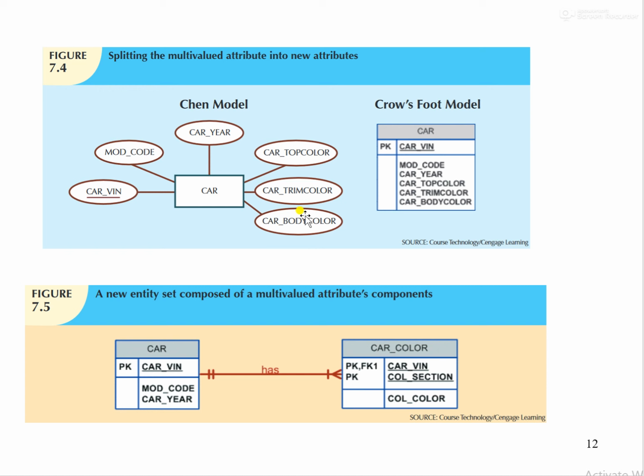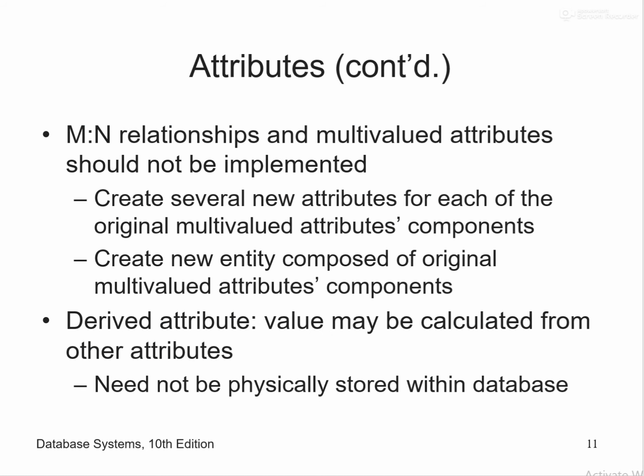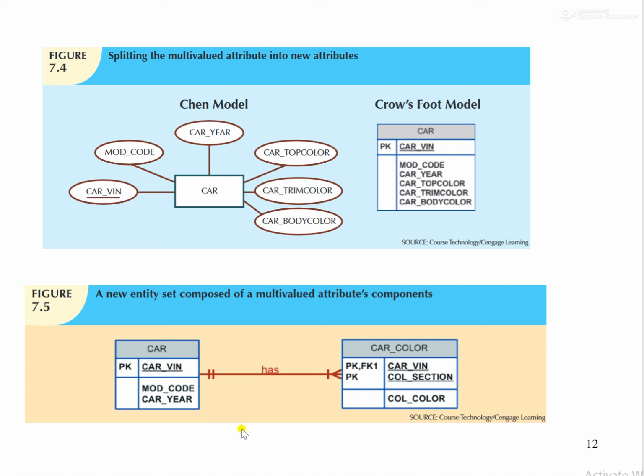So we have another solution for this problem. The second solution is to create a new entity. Instead of considering the multi-valued attribute as an attribute, you change that attribute into an entity. Here we have car as a separate entity, and car color, which was a multi-valued attribute, we change to a new entity, and we have a one-to-many relationship with the original entity.